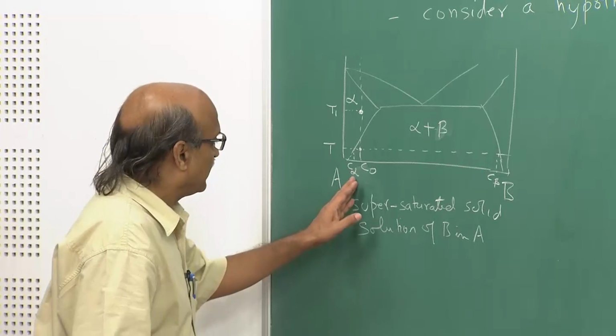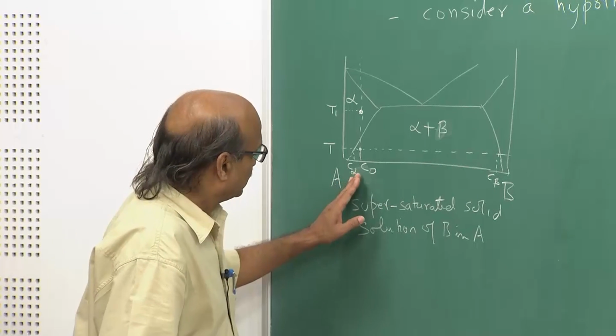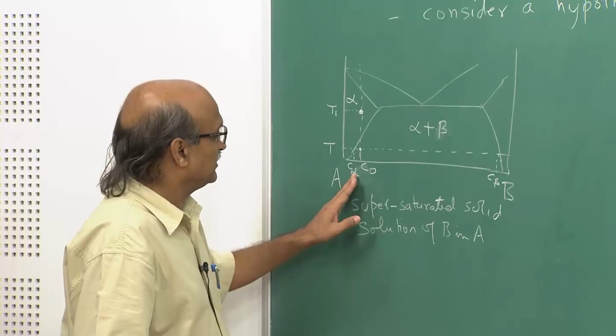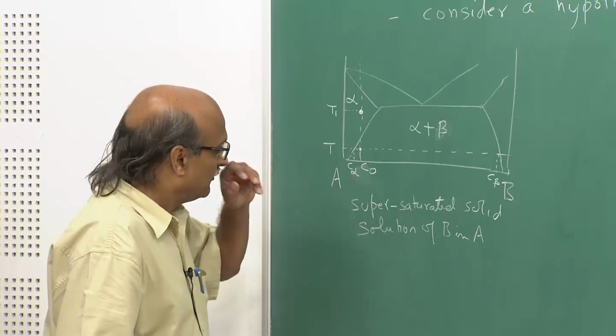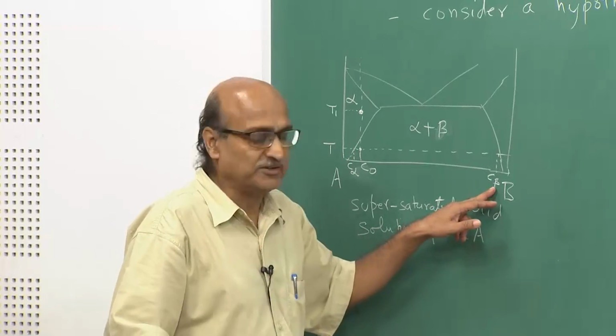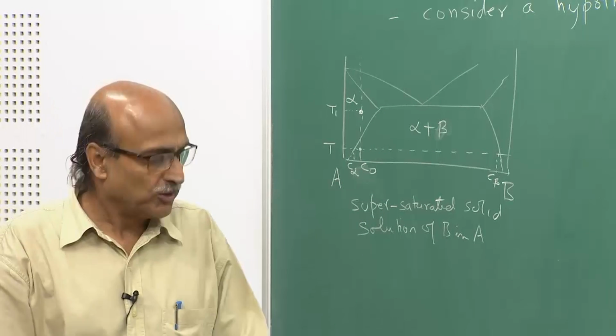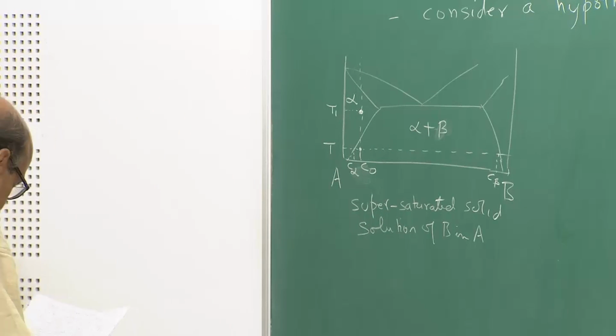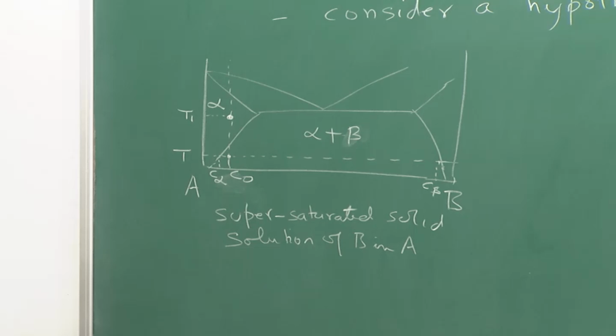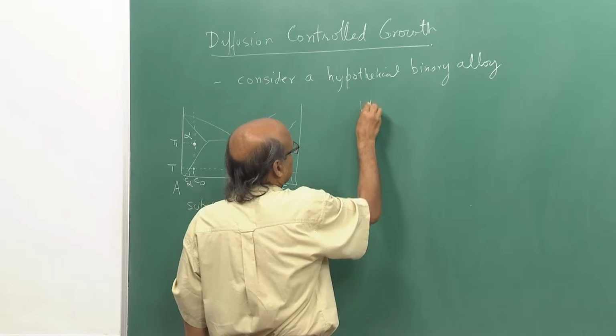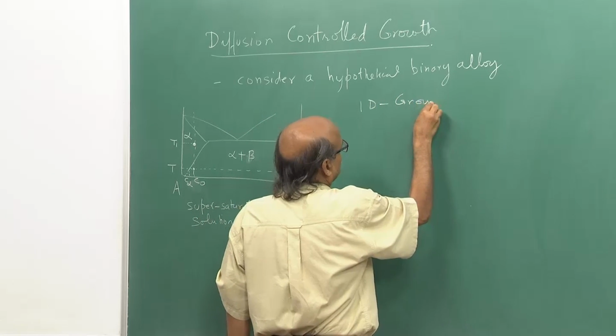So, this C alpha composition of alpha is in equilibrium with the beta of composition C beta. So, we are talking about equilibrium kinetics here. So, let us try to model this as one dimensional growth.